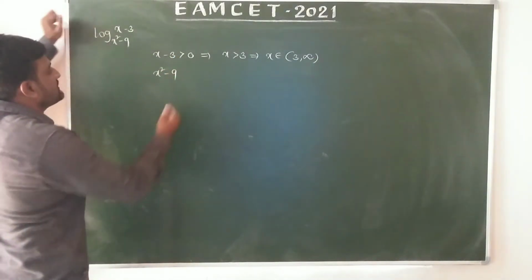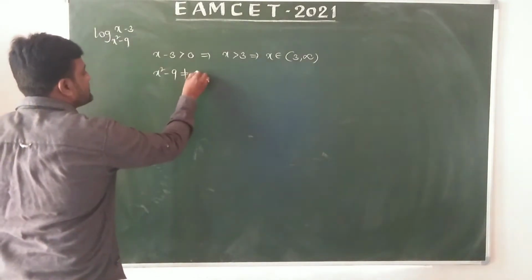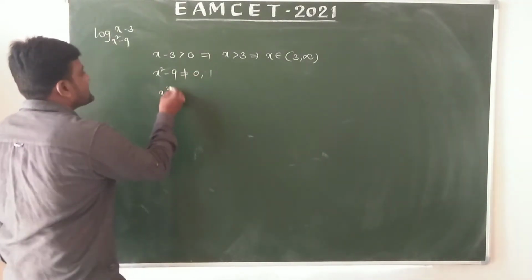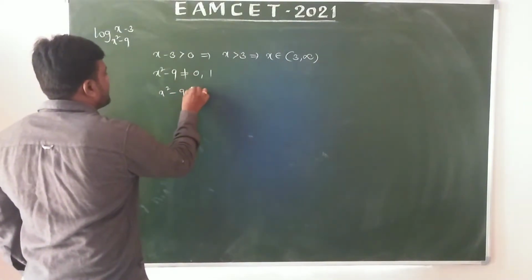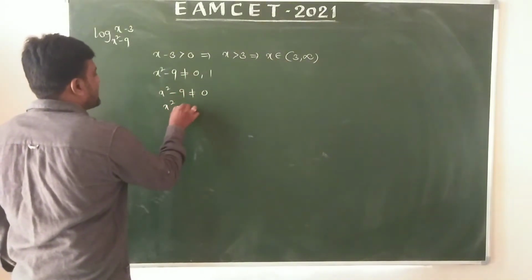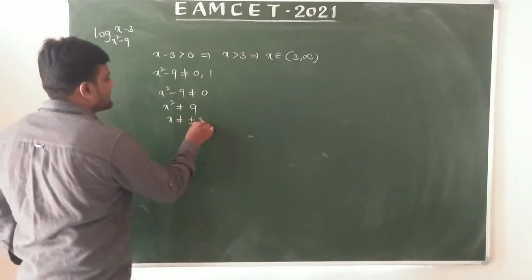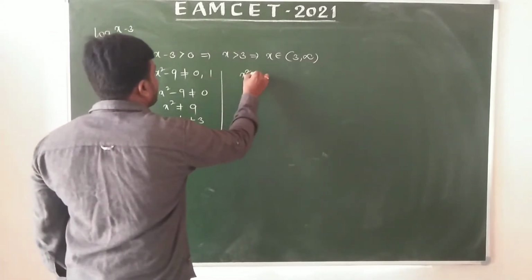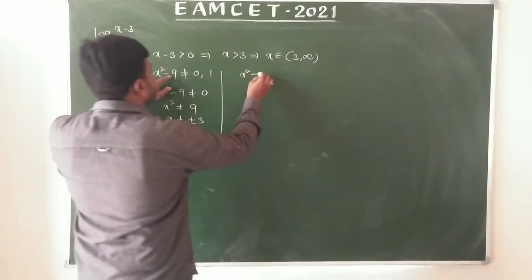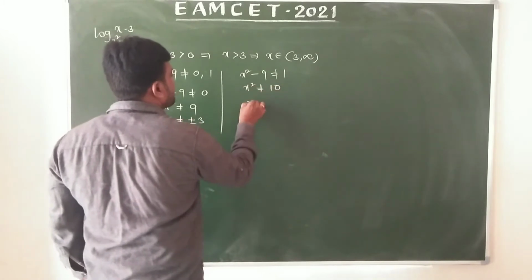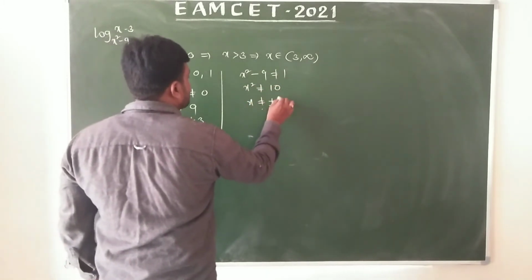The base should not be equal to 0 and 1. Then x square minus 9 not equal to 0 means x square not equal to 9, and x not equal to plus or minus 3. Also x square minus 9 not equal to 1, then x square not equal to 10, then x not equal to plus or minus under root 10.